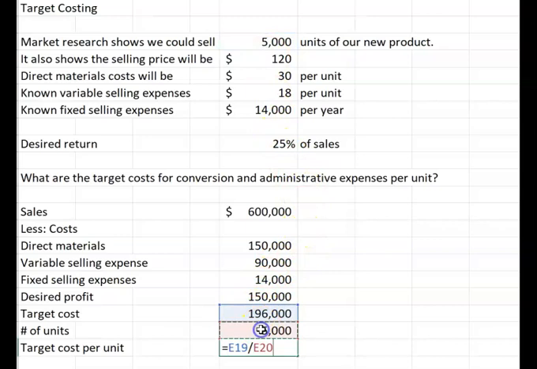So that means we need to be able to make our units for $39.20 plus the direct materials cost, the variable per unit, and the fixed costs. So we need to coordinate with our team to find out how we can accomplish making the 5,000 units with $39.20 covering all the remaining conversion costs and administrative expenses.